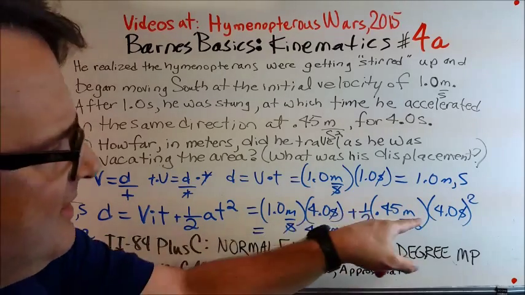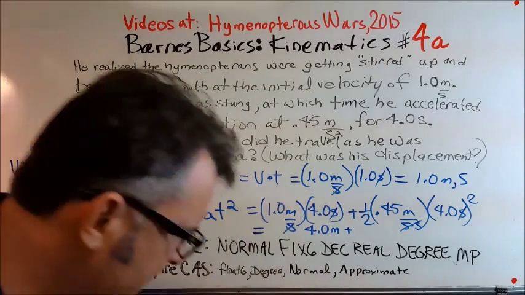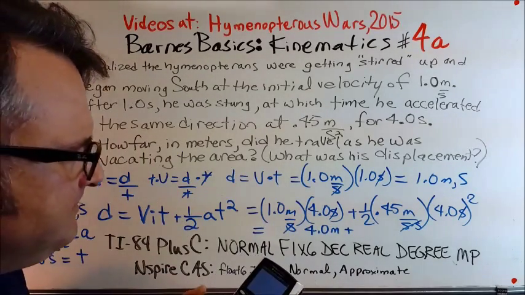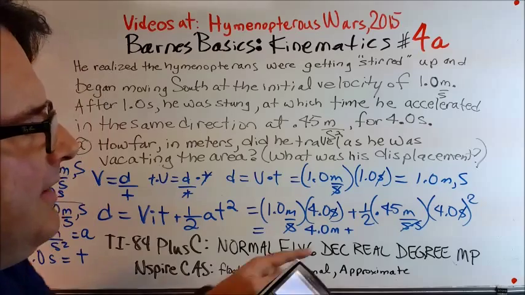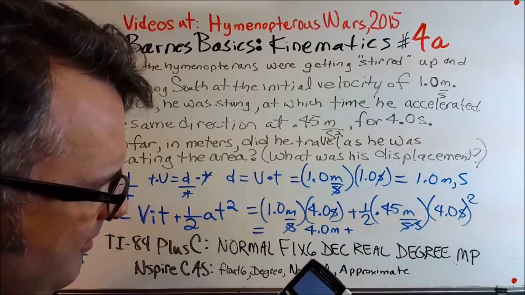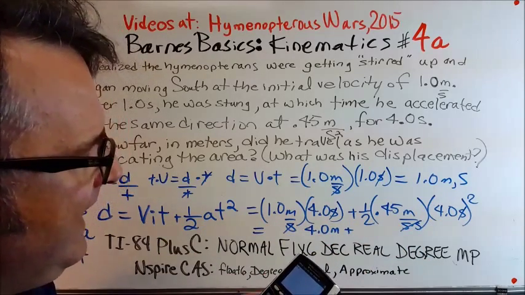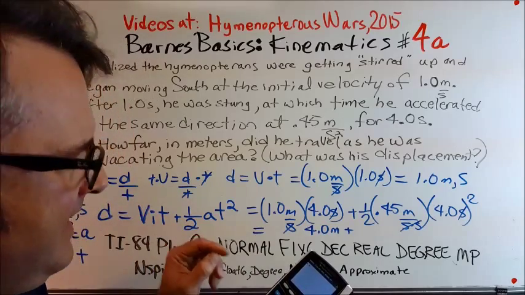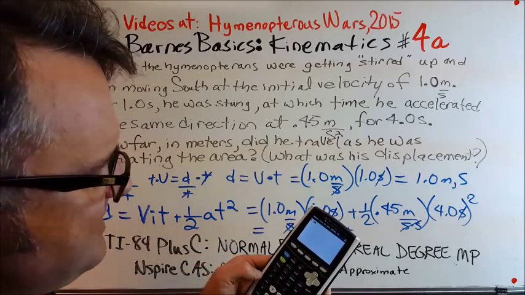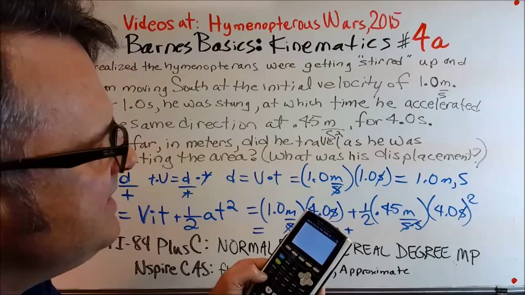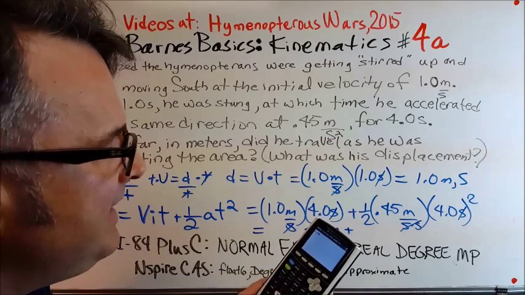So to solve this little expression right here with the TI-84 Plus, I'm going to hit on, I'm going to hit clear, I'm going to hit 4.0, and there is an x squared key along the left side, the left middle. Hit squared, and then I want you to go ahead and hit enter.